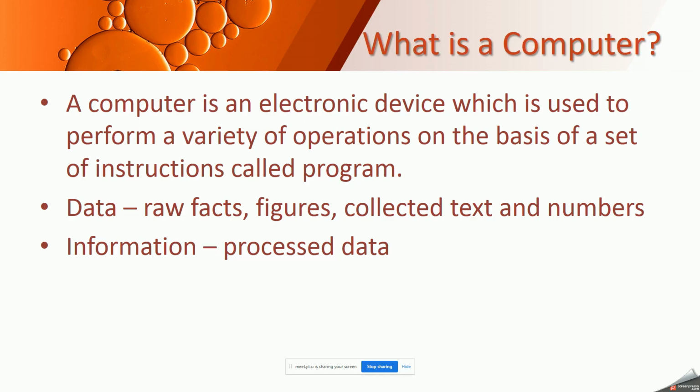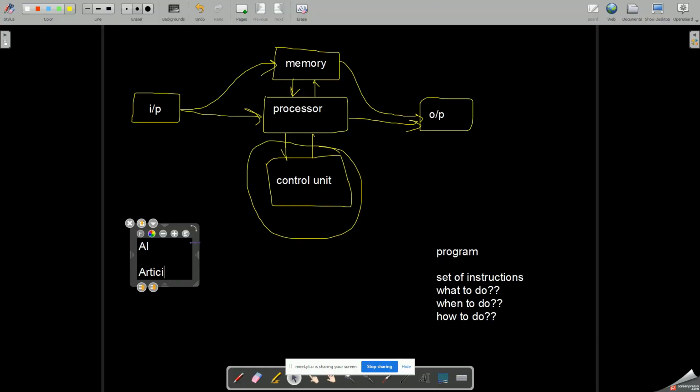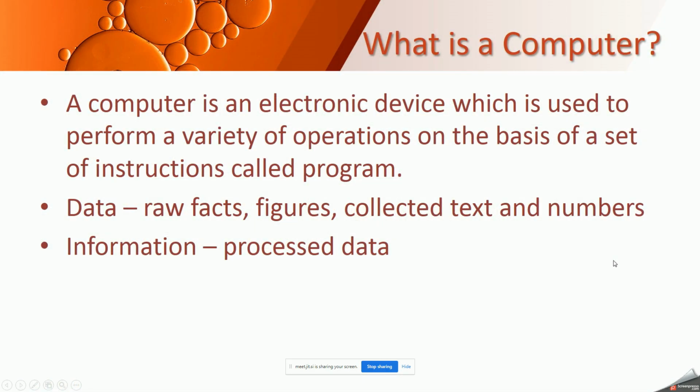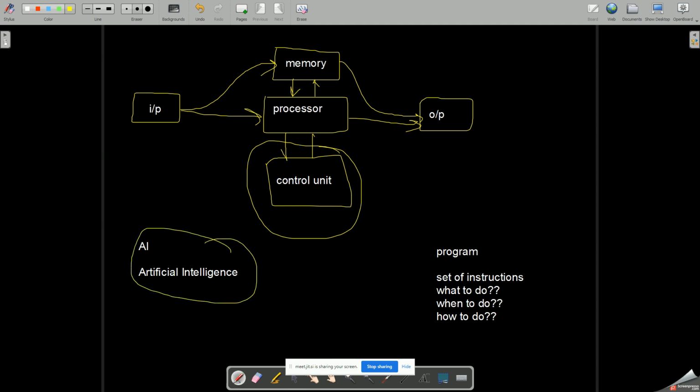The computer in itself is a dumb machine. It doesn't have any intelligence of its own, but that's another story. Today, a lot of work is going on in the field of AI, artificial intelligence, if you have heard about it.